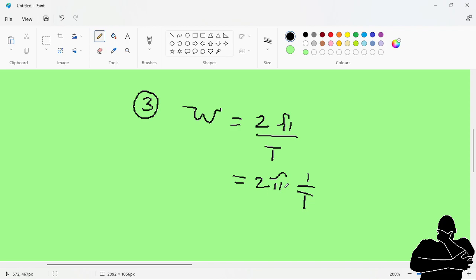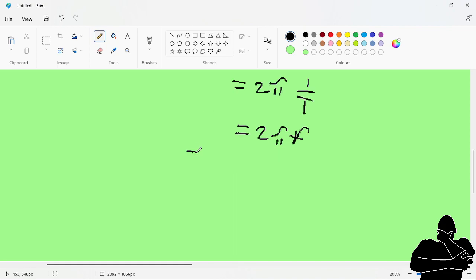So right here when we have 1 over the period, the inverse of period, we can basically just replace the 1 over the period with frequency. So angular frequency is equal to 2 pi times the regular frequency. That's what we just figured out, right? So when the question wants us to find the angular frequency, all we have to do is state the frequency and multiply it by 2 pi.